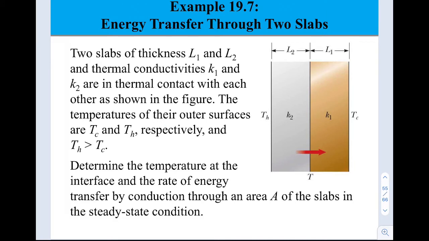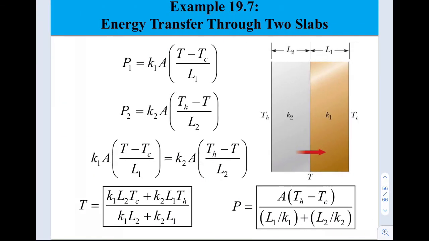The temperatures of the outer surfaces are T_c and T_h respectively, and T_h is bigger than T_c. Determine the temperature at the interface and the rate of energy transfer by conduction through an area A of the slabs in the steady state condition.